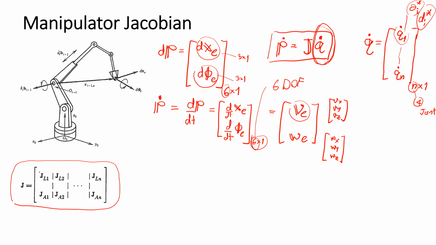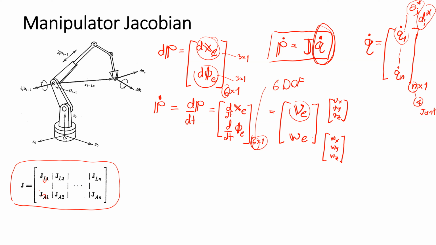Again, if you see here, the Jacobian relates the endpoint position and orientation. J with subscript L means linear position.